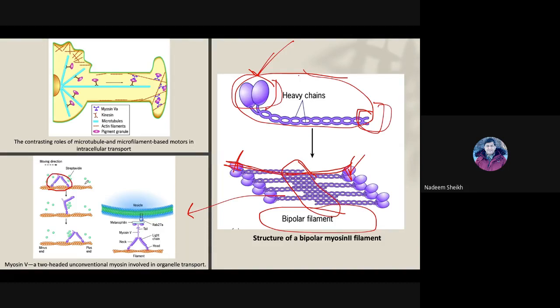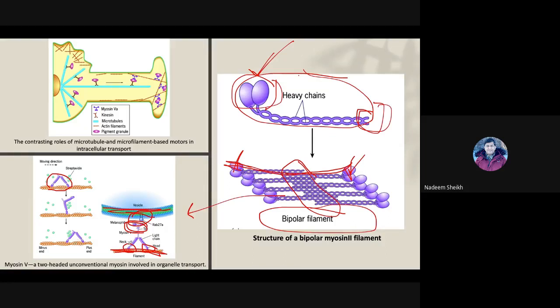Myosin 5 is a motor protein involved in transport of vesicles within the cell. You can see here this is the vesicle membrane, and this is the tail of myosin 5, which is attached with certain protein on the vesicle, whereas the head region of this myosin 5 molecule is walking along this actin filament.